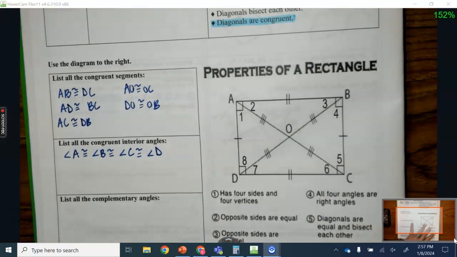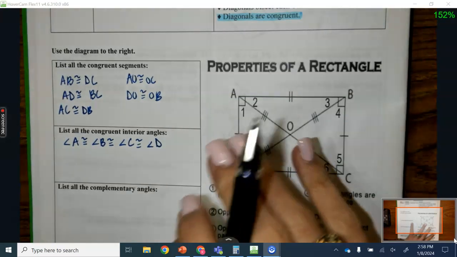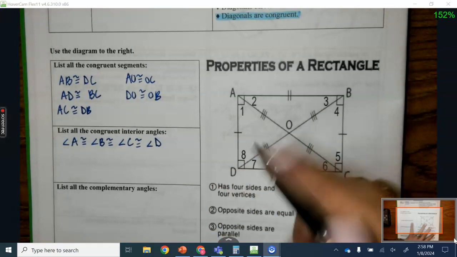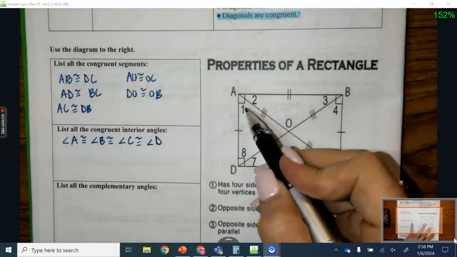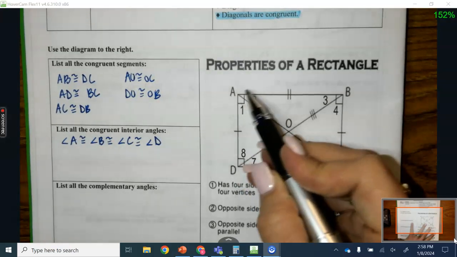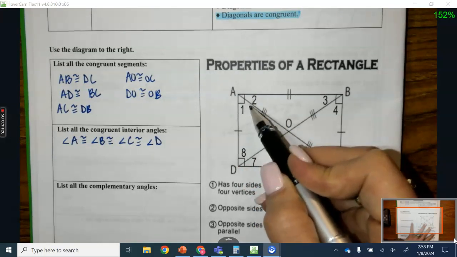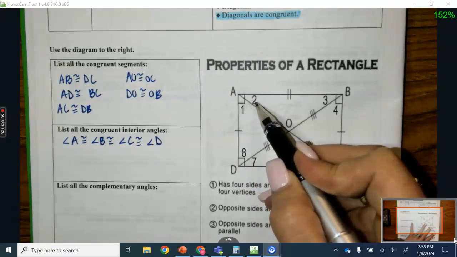I can get even more specific because a rectangle is a parallelogram, and we talked about this before, that parallel sides form alternate interior angles. So I can also list my alternate interior angles. What we don't want to get confused with: angle 1 is not congruent to angle 2. These diagonals are not bisecting these angles. They're just adding up to equal a right angle. They're complementary, but 1 is not congruent to 2.